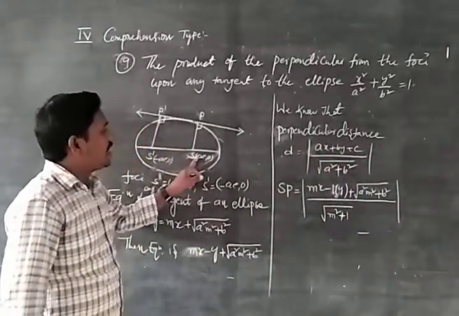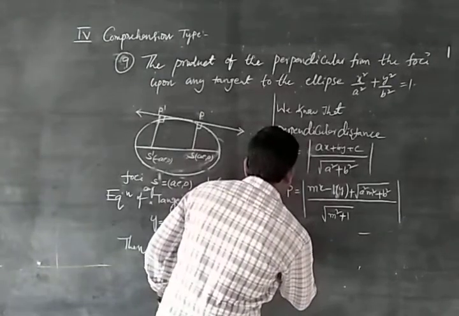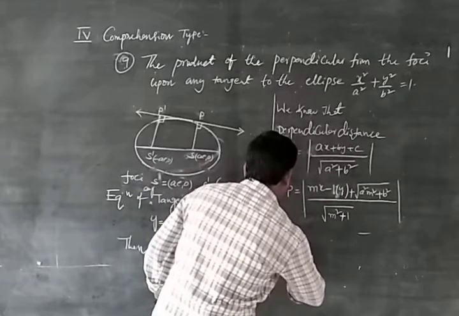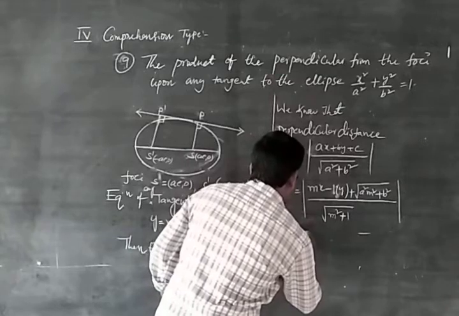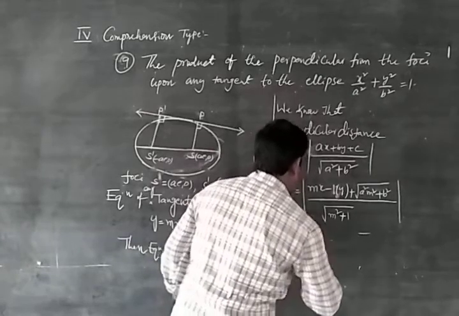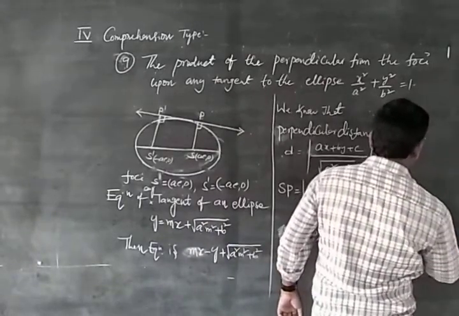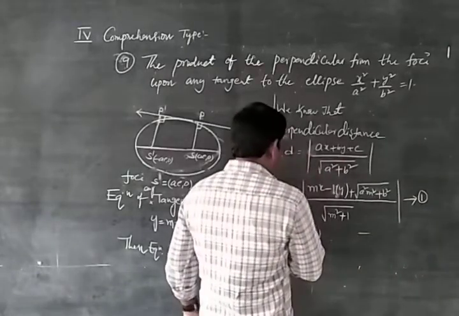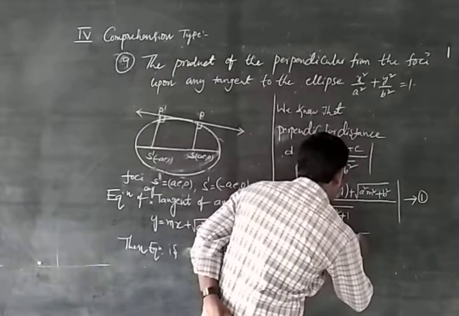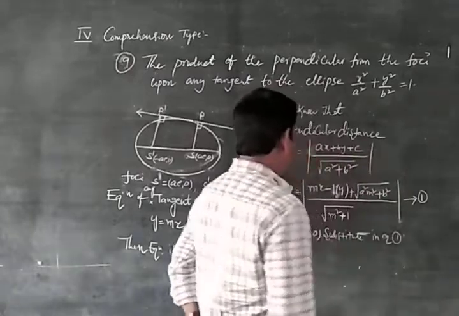Substitute a comma 0 for x comma y. Substitute S equal to AE comma 0 in equation 1.